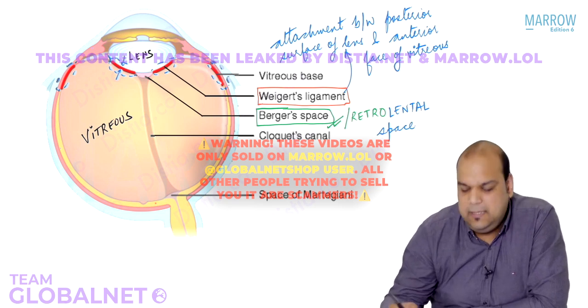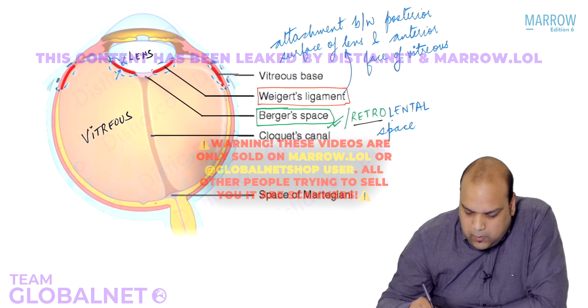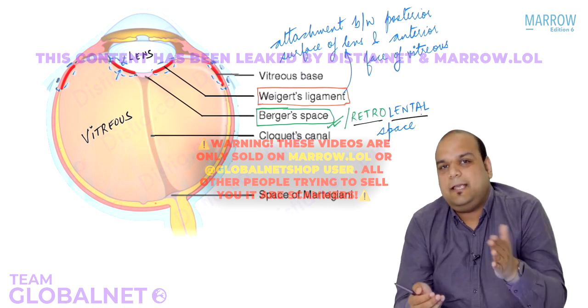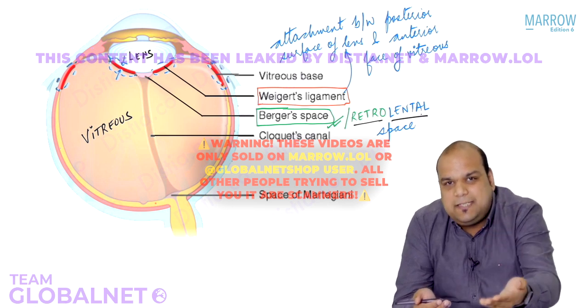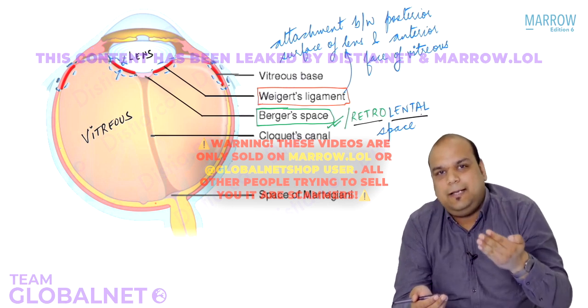There are two words, retrolental. If you know the English, it is explanatory. Retro means behind, lental means lens. So Berger's space is a space behind the lens, retrolental space.